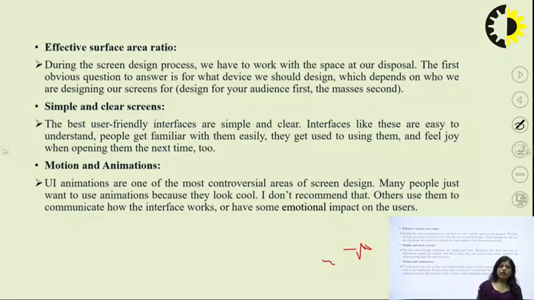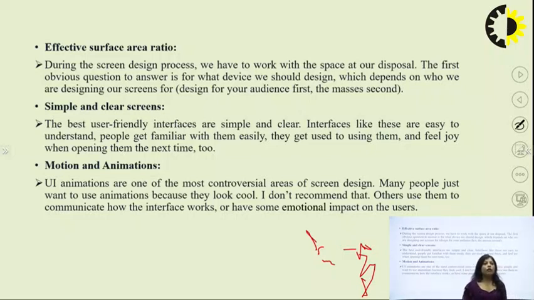And next is motion and animations. In motion and animations, we can also use animations in our screen designing. For example, UI animations are one of the most controversial areas of screen design. The best example of animation is UI animations. Many people just want to use animation because they look cool.